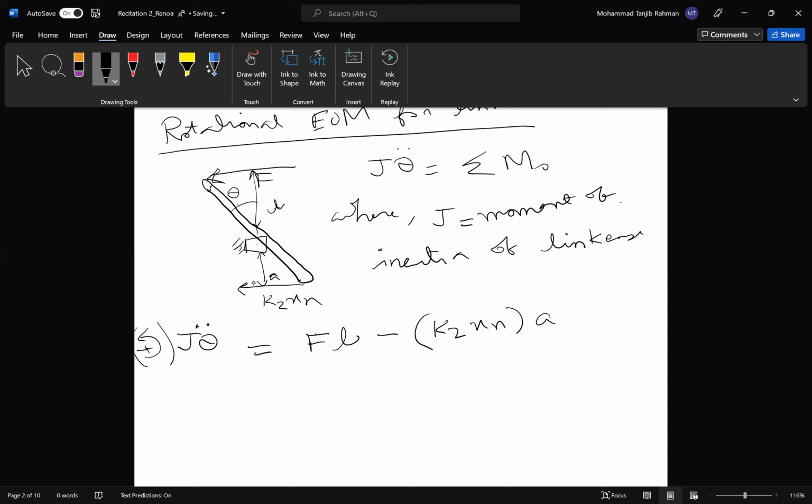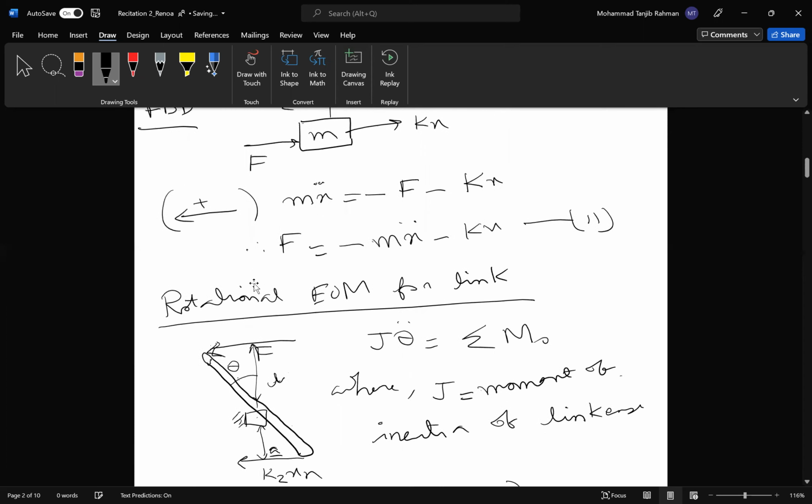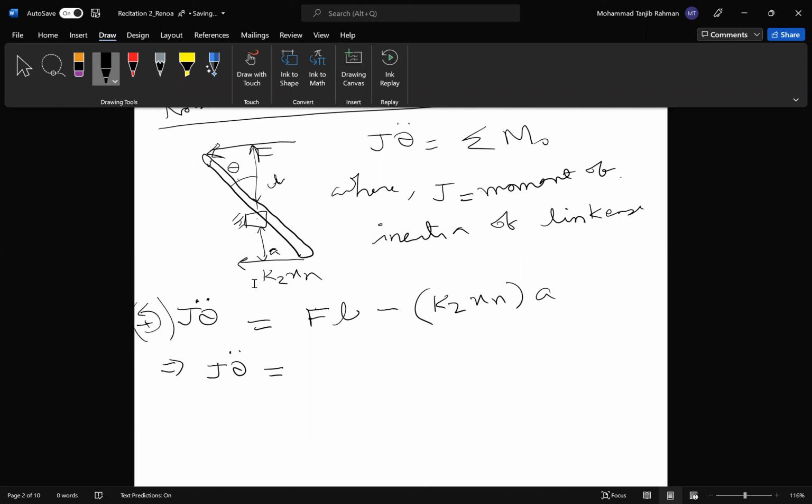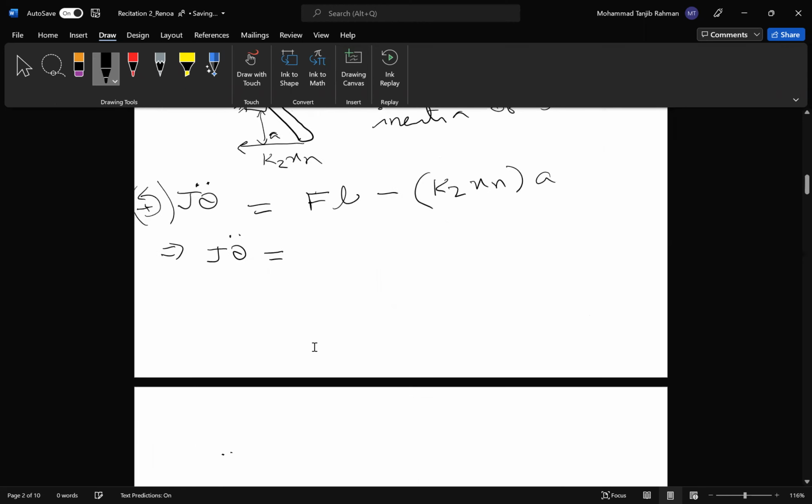And now from equation 2, here I'm just going to put the value of F, which is minus m x double dot minus kx, multiplied by b, minus a k2xn.